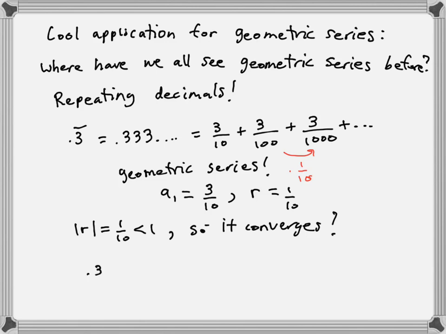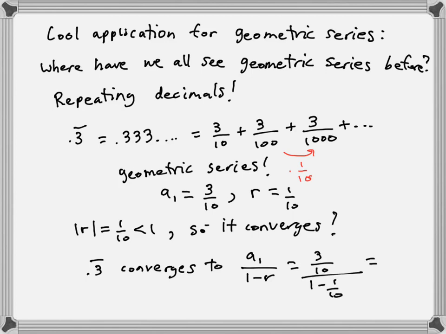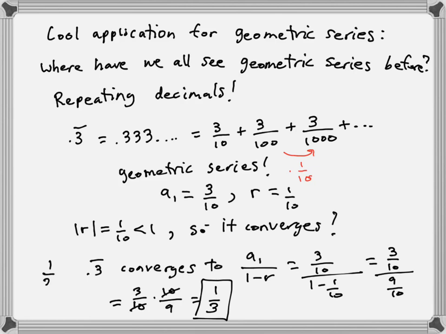Well, 0.3 with a bar converges to a1 over 1 minus r, which is 3/10 divided by 1 minus a tenth, which is 3/10 over 9/10, which is 3/10 times 10 over 9, which is 1/3. But you guys already knew that, didn't you? 1/3, if you put it in your calculator, is just 0.33333.